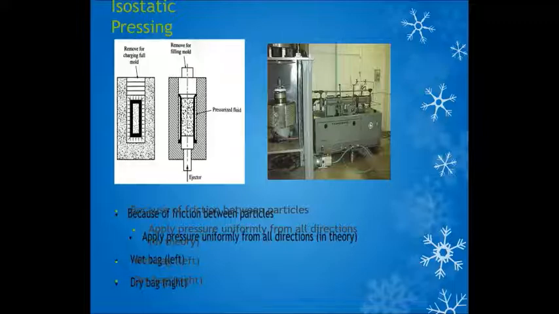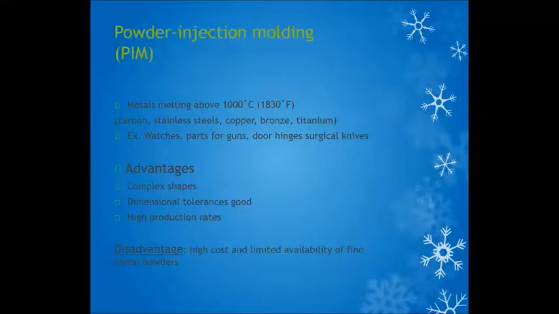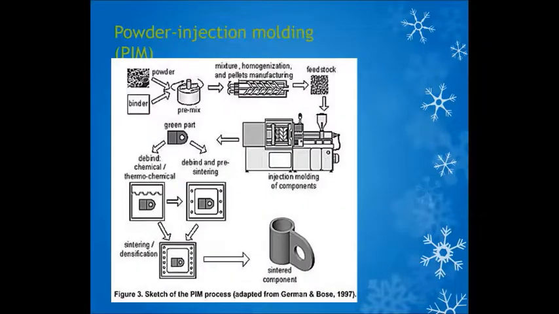The diagram shows the isostatic pressing machine. Powder injection molding uses metals melting above 1000 degrees centigrade, such as carbon steel, stainless steel, copper, bronze and titanium. Examples are watches and parts of guns made with the help of powder metallurgy.